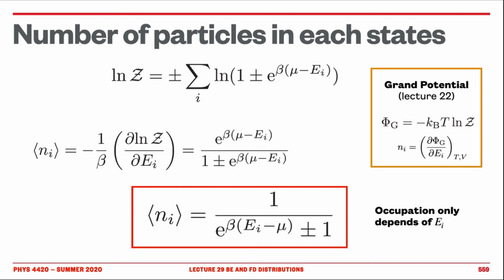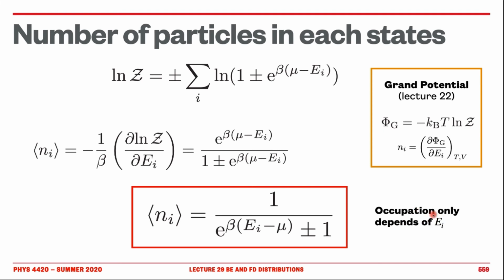Not so, because remember that in this formalism, we do not work with a constant number of particles. If we worked with a constant number of particles, of course, if the occupation of a state is high, the occupation of other states will be lower because it is a zero-sum game. But there's no zero-sum game here because the number of particles is not a constant in this formalism.